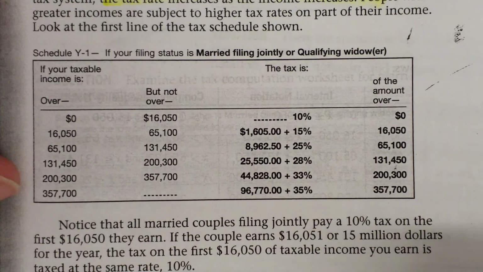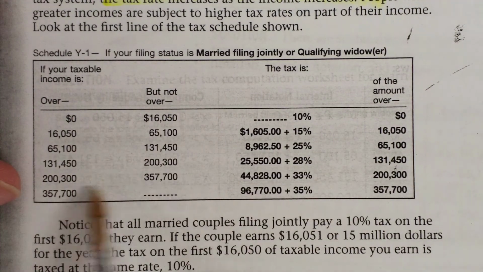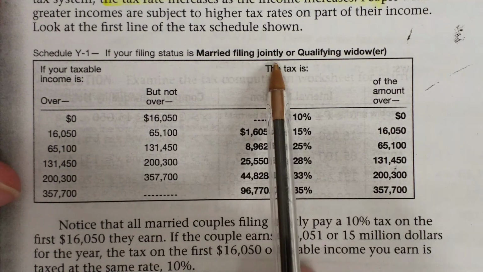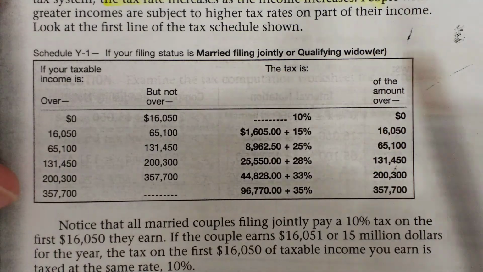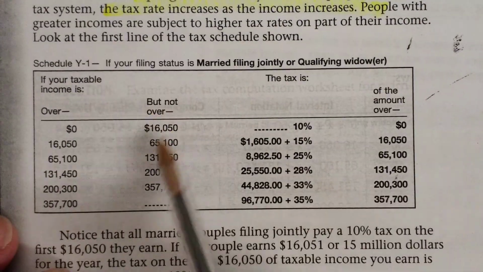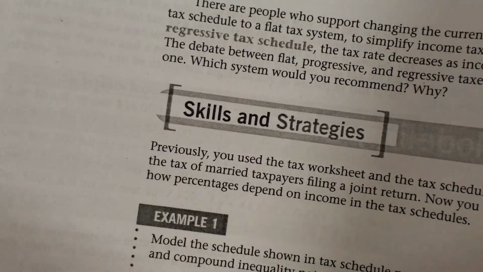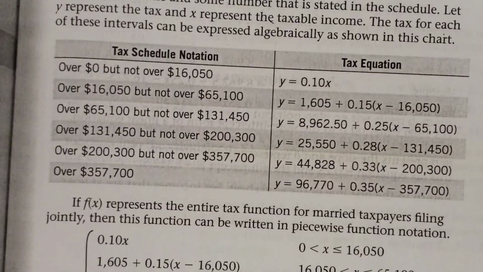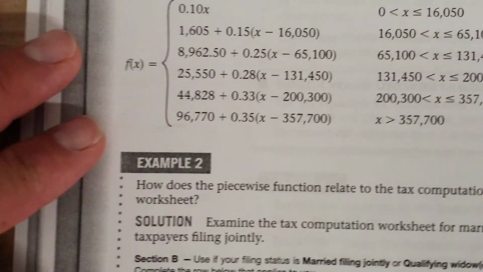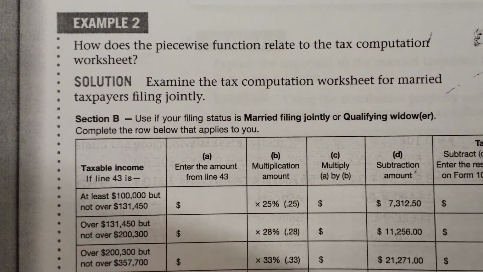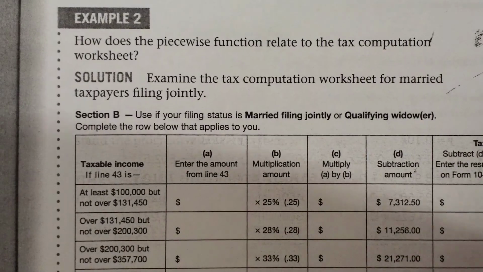There are 6 different taxable income limits for someone that's married filing jointly, or a qualifying widower. So you can see the 6 different categories. And we're not going to do some of this stuff in this unit, but we are going to talk about how to compute some things and change some equations and formulas into slope-intercept form.